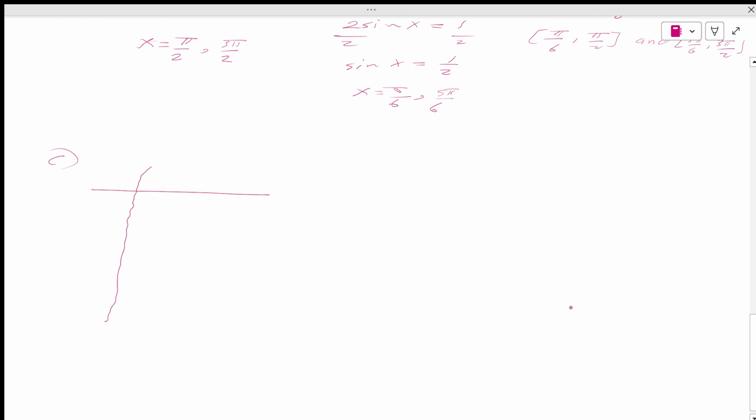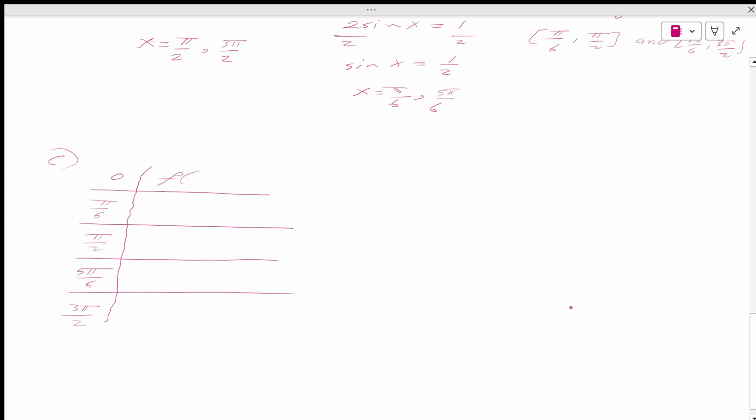The first endpoint is 0, and then the critical point is pi over 6. You have also pi over 2. You have 5 pi over 6 and 3 pi over 2. You have to check the value of the function for each of these candidates.